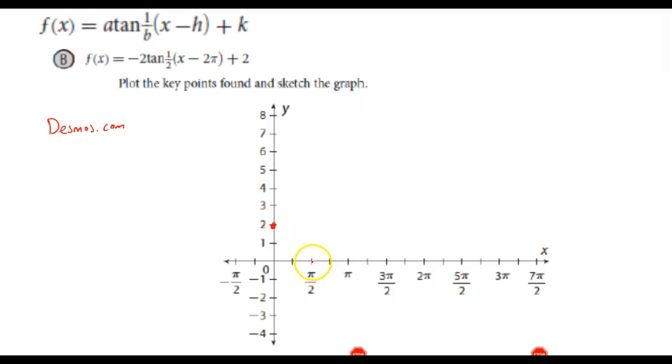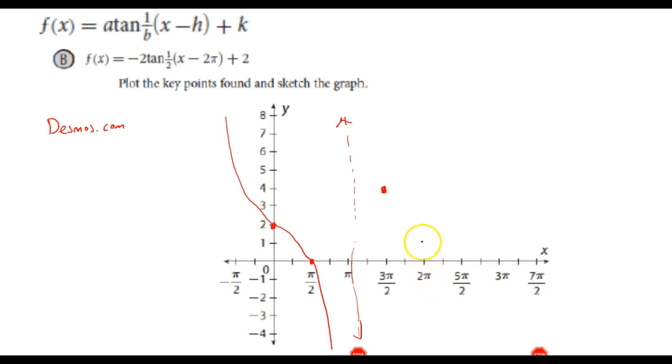Half pi, 0. And our asymptote is actually going to be going right through pi. So I'm going to draw a vertical line as best I can through pi. Okay. And that's going to be kind of going up and down. For this next one, that would be 3 pi over 2, comma 4.